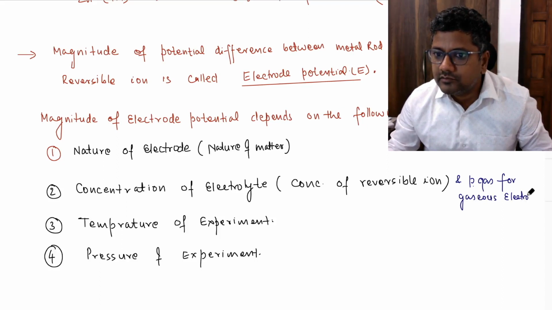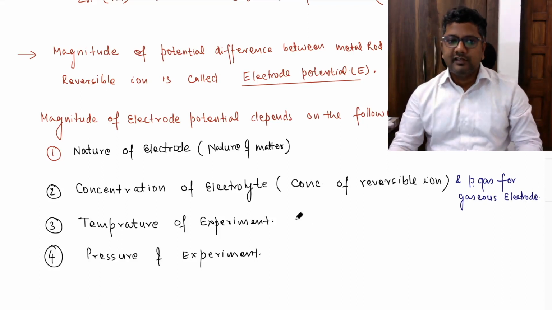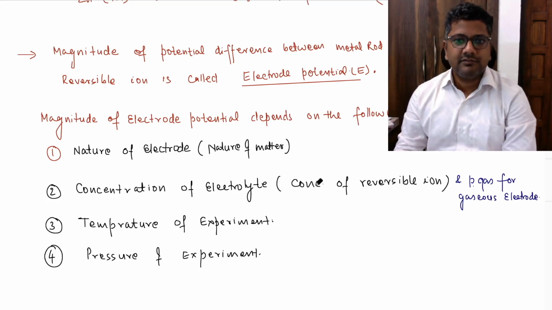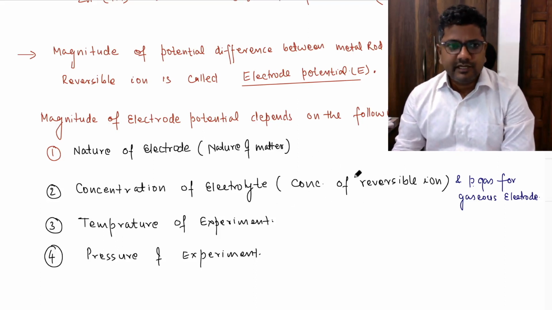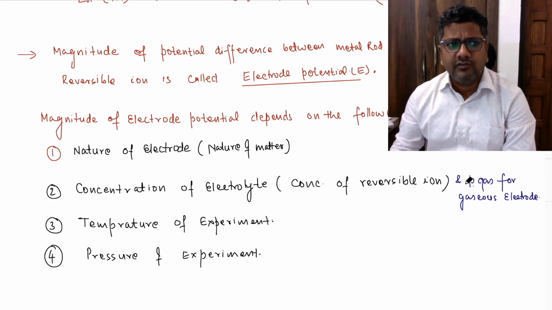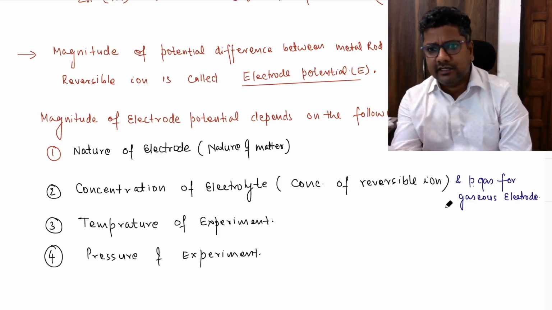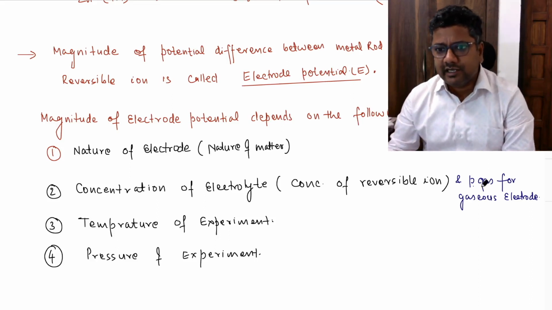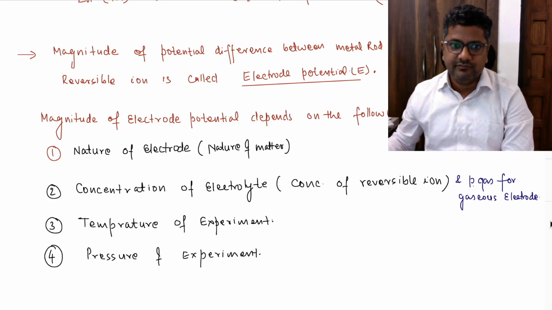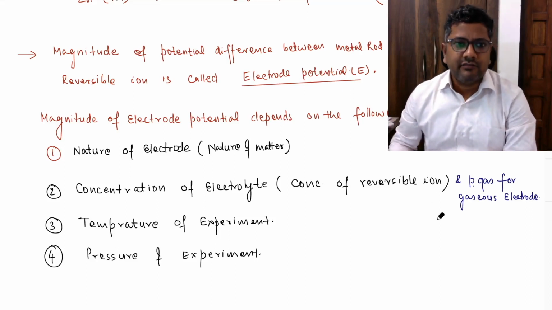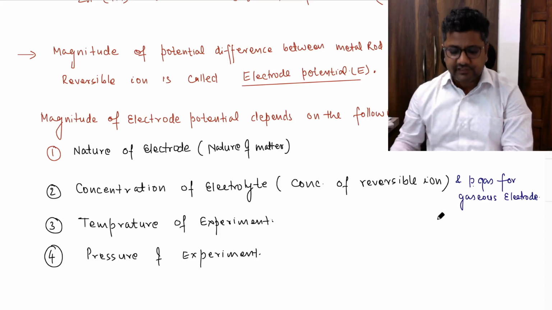So concentration of electrolyte means reversible ion, and pressure of gas if gaseous, because when there is no gaseous, it will not depend. But for a gaseous electrode you have to consider pressure also. So these are the factors on which the electrode potential, the magnitude of this potential difference, depends.